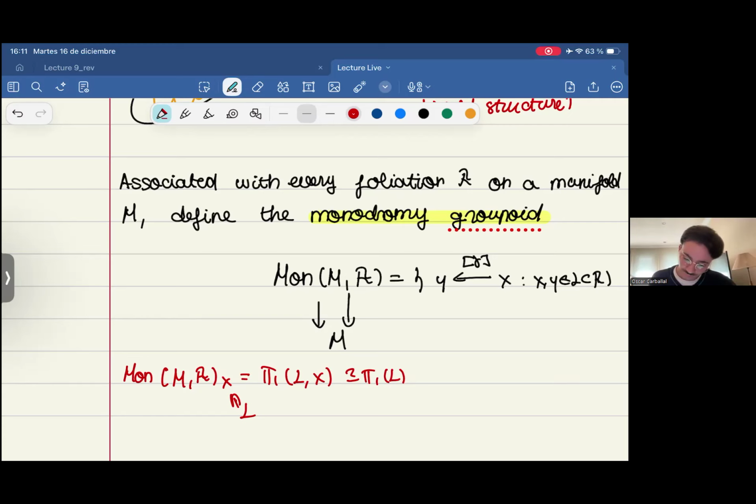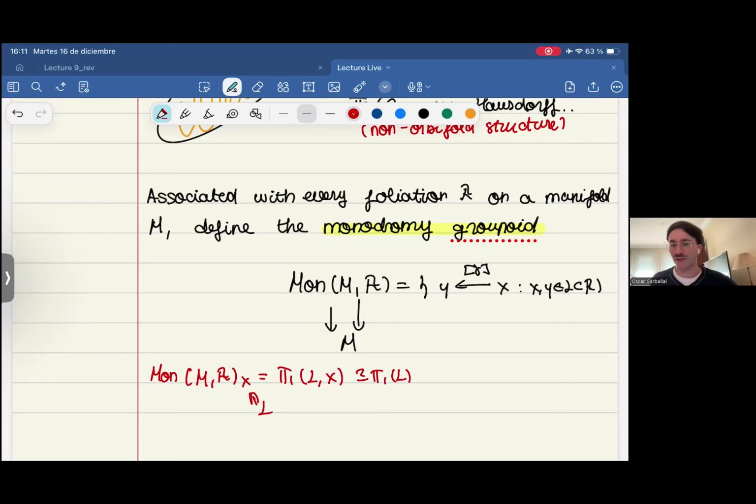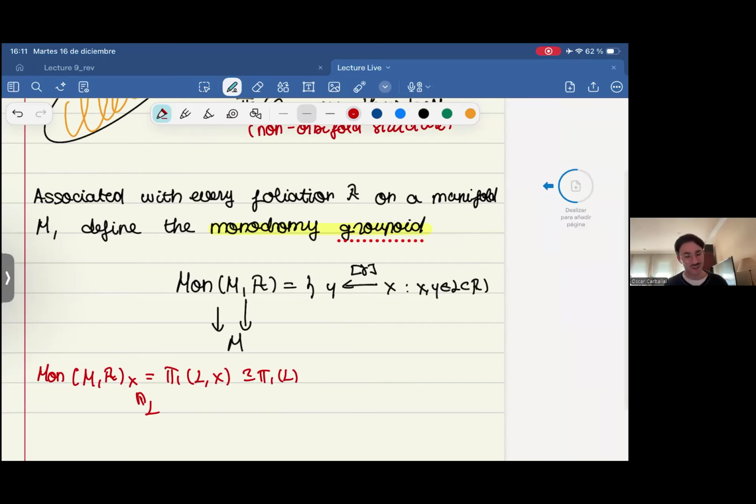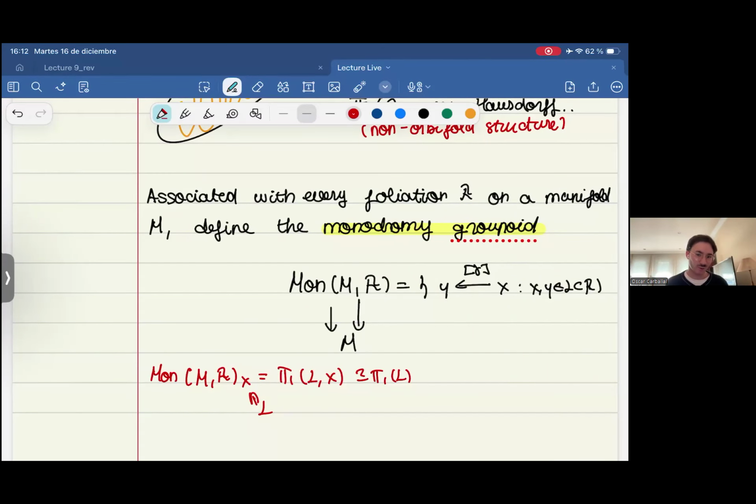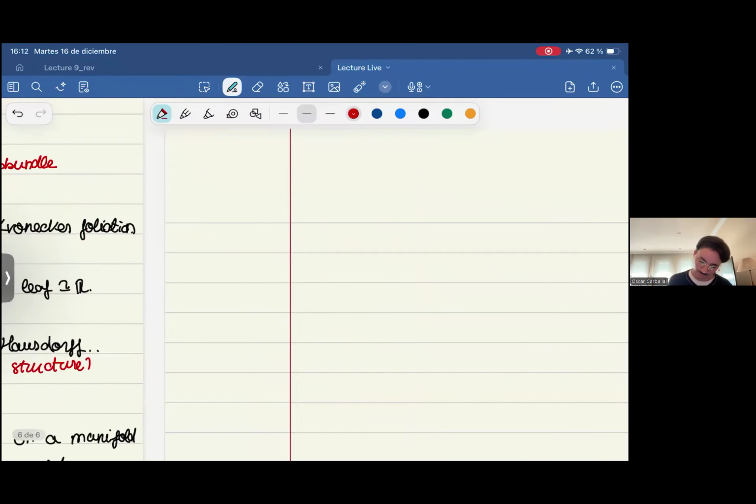Okay. So now the question is, can we describe in some way the monodromy groupoid of the Kronecker foliation in the two-dimensional torus? And the answer is yes. It is not an easy result, but we can say precisely what this groupoid is, right?